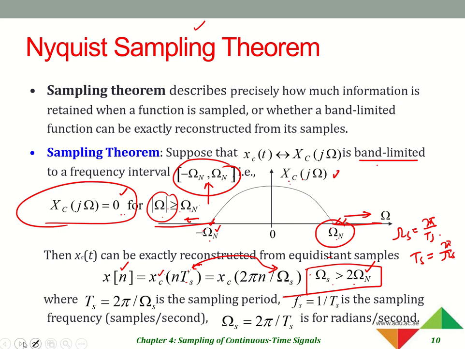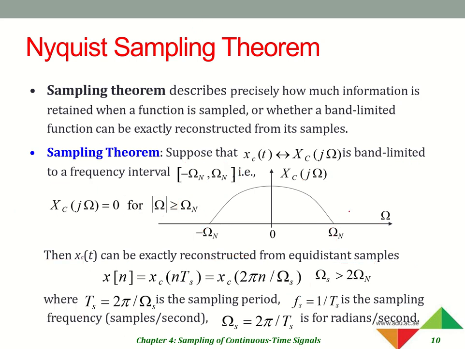For example, if this omega n is 4 radians per second, then the minimum sampling frequency should be 2 times this, that is 8 radians per second. Or if you want the sampling time, Ts will be equal to 2 pi over this.